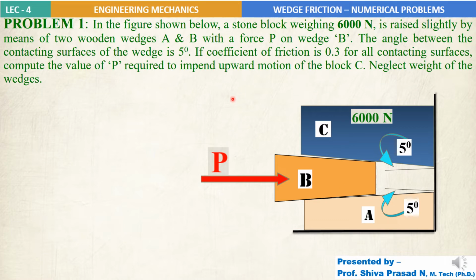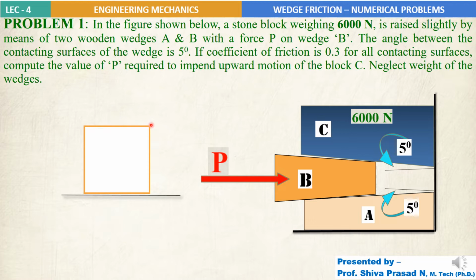To begin to solve this problem, I wish you recall some theory on friction. Those who have not seen our previous video on friction, please observe the theory being explained over there, and that is of some use in solving problems on wedges. So to give you a glimpse of that, I am just explaining a small portion of that over here.